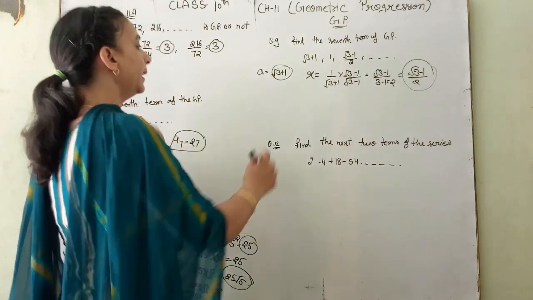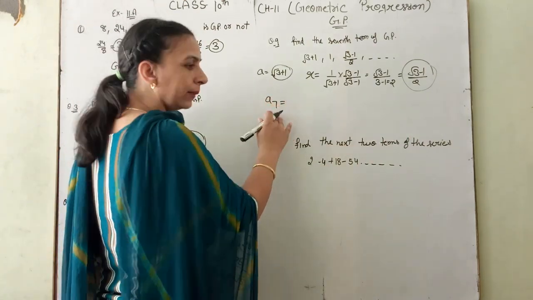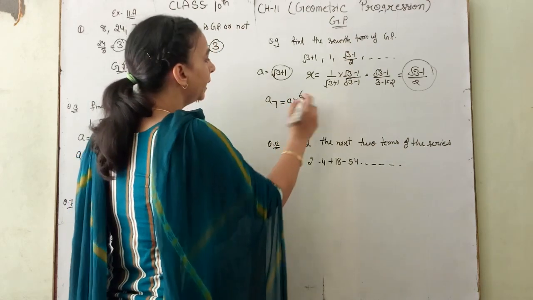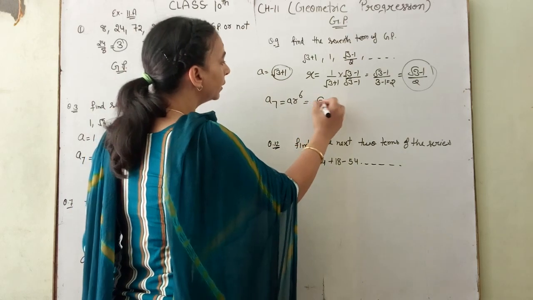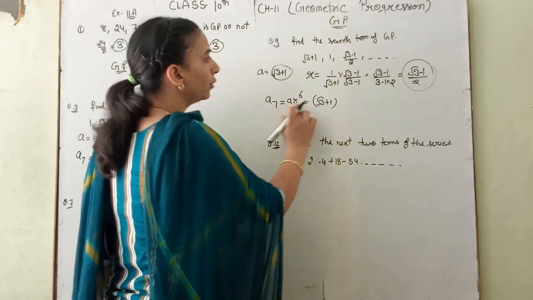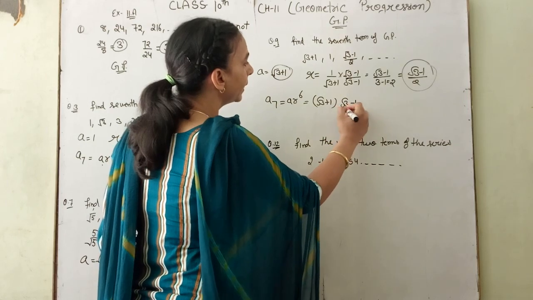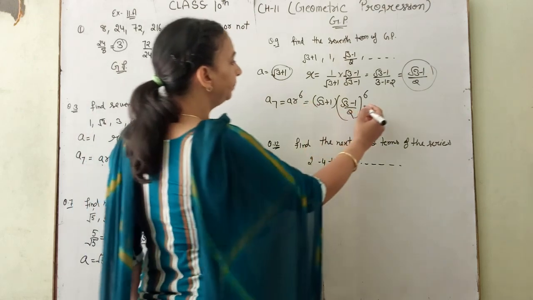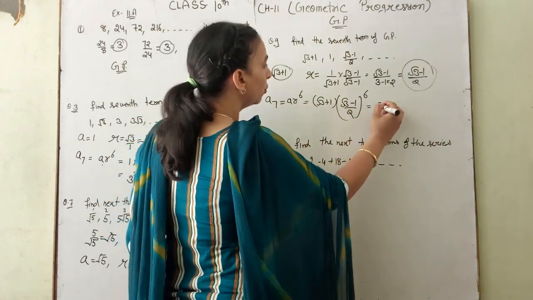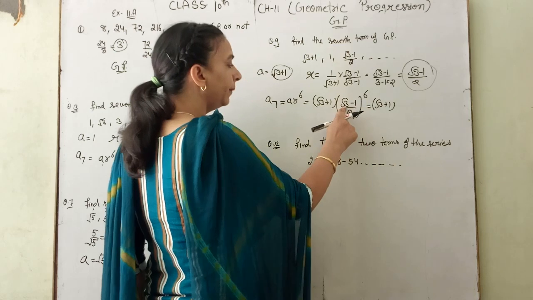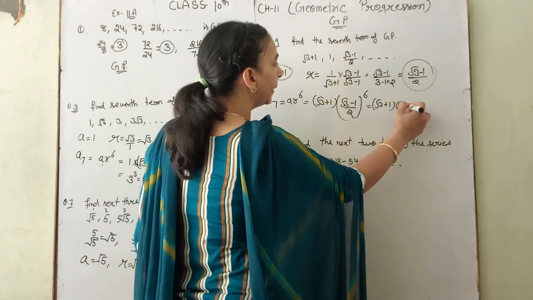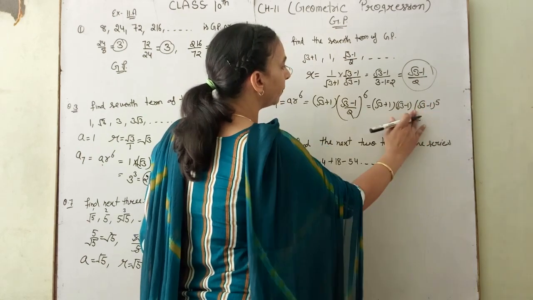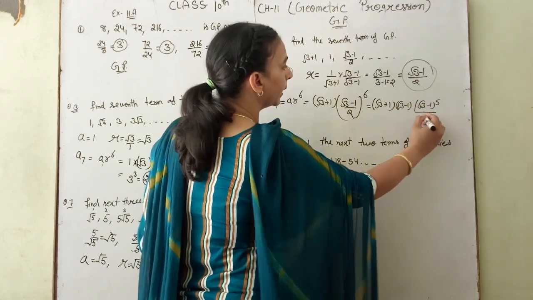Okay, we find the 7th term. A7 equals a r raised to the power 6. In place of a there is root 3 plus 1. In place of r, root 3 minus 1 by 2, raised to the power 6. Student, then we write root 3 plus 1 as it is, and we take root 3 minus 1 raised to the power 6 over 2 raised to the power 6.